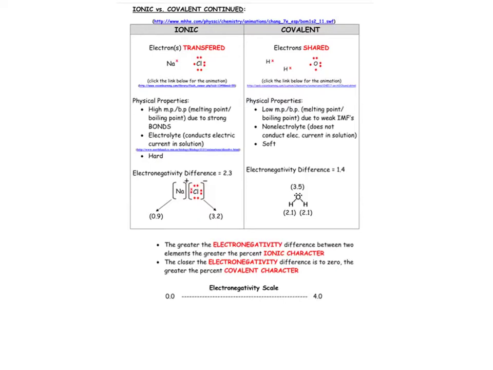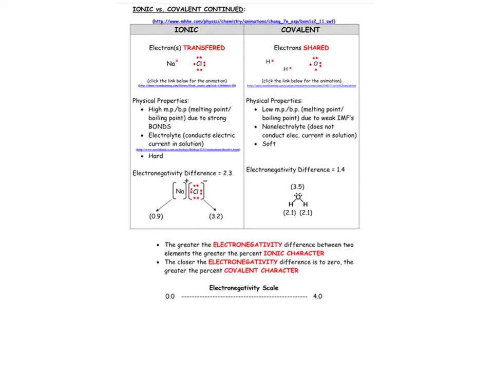Meanwhile, in covalent bonds, the two atoms within the bond will have very similar electronegativities, so they have very small electronegativity differences. Since they are about equal in their ability to attract electrons, in covalent bonds, electrons are shared, and again, they're shared to obtain stable noble gas electron configurations.